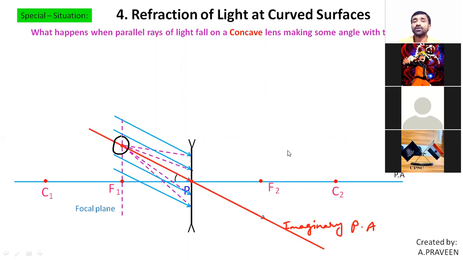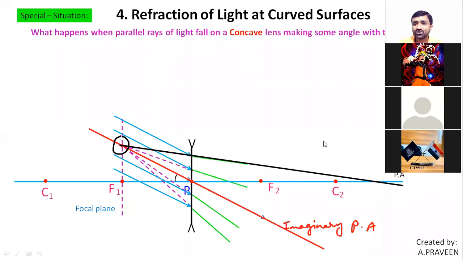Then what to do? You just have to put your scale along these dotted lines which you drew. So here I'll show you that line with the black color. Like this, you can adjust your scale, then draw your light rays along these dotted lines.